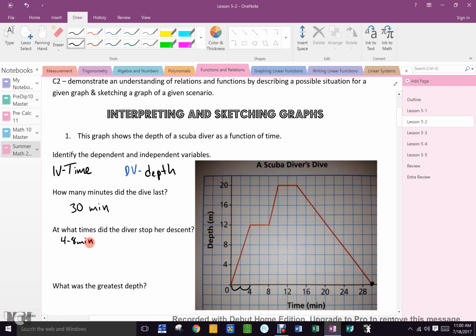And 10 to 14 minutes. How did you know? Flat line. So depth was not changing.